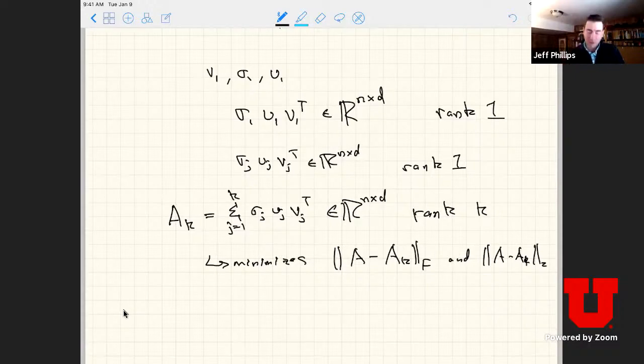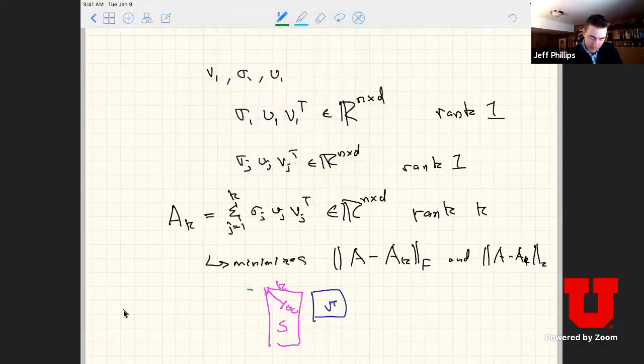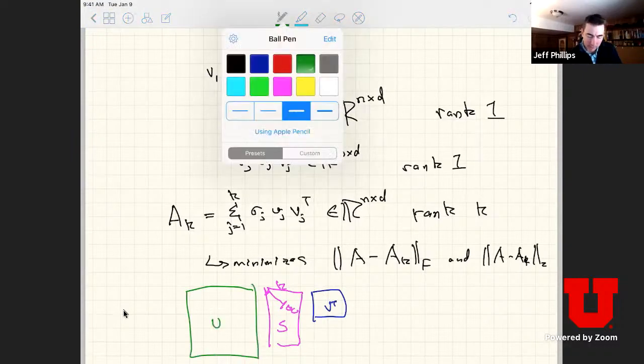There's another way of recovering it. Another way I like to think about it is I can take this S matrix here, go down the top k of these, and make the rest zeros. If you remember what happened here, I've got a V transpose, and I had U here.